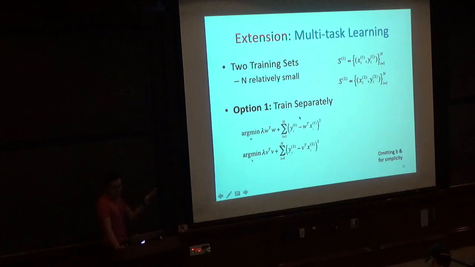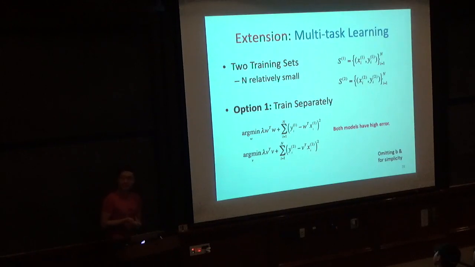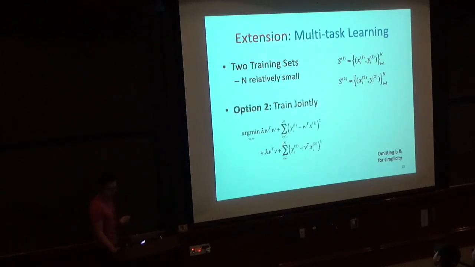So option 1 is, OK, let's just train 2 different models, which I'll denote by W and V, completely separately for the two tasks. Because the training sets are small, both models will have high error on the test set. Another way we can do this is to train them jointly.